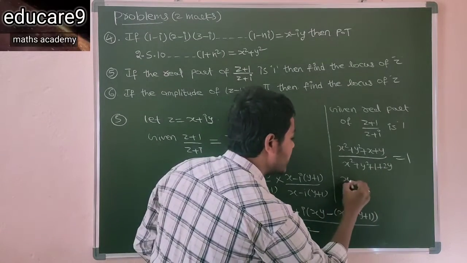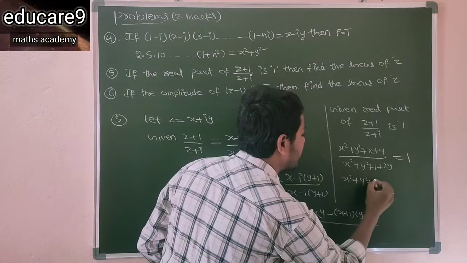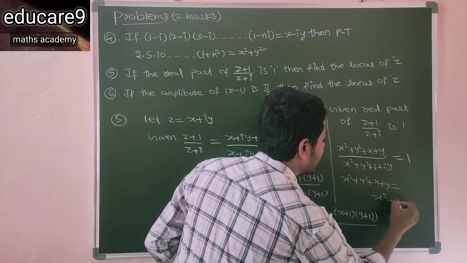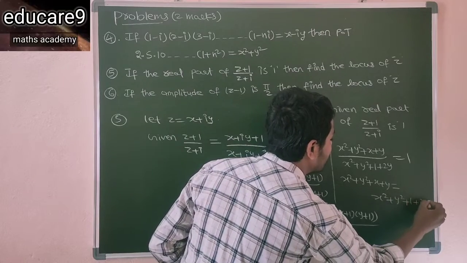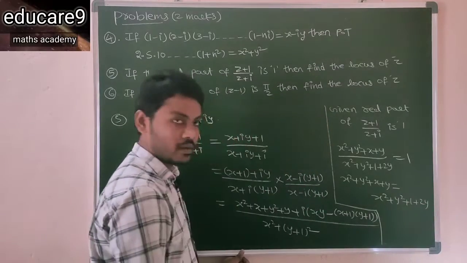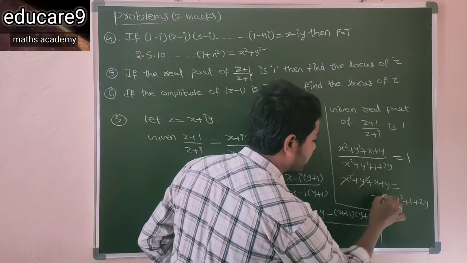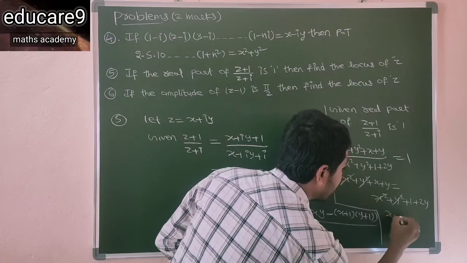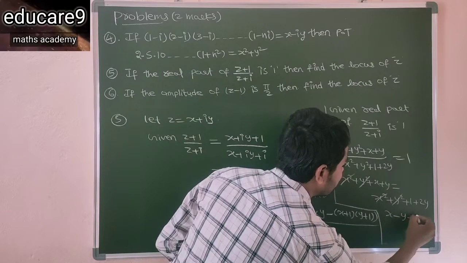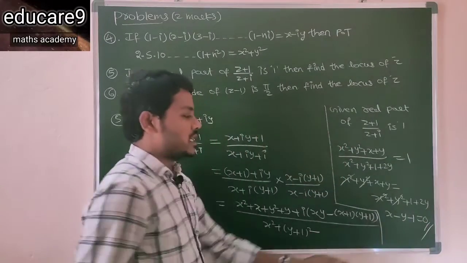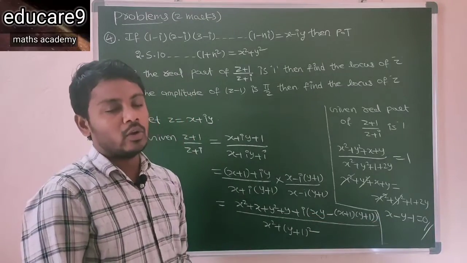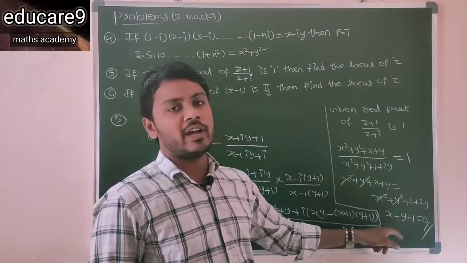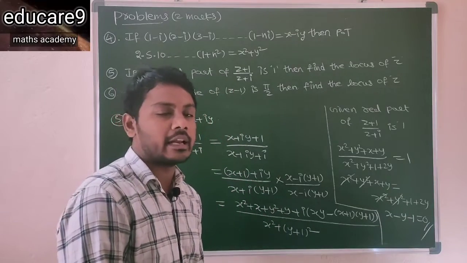Now this is x square plus y square plus x plus y is equal to x square plus y square plus 1 plus 2y. So x square, y square get cancelled. Now this is x minus y minus 1 is equal to 0. So this is the required locus of z. And clearly the required locus represents a straight line.